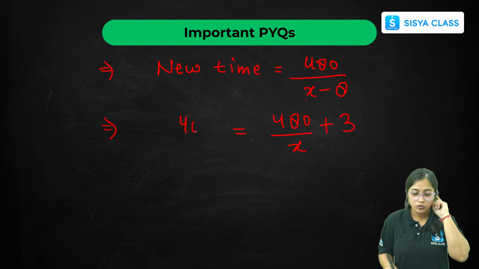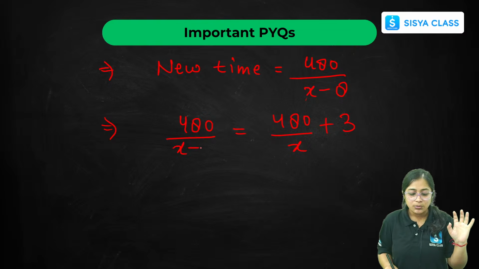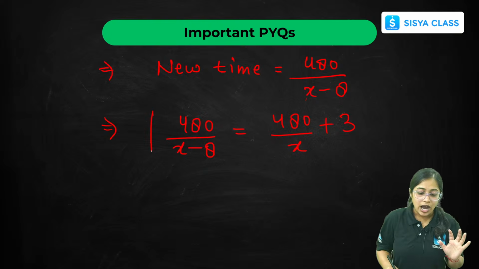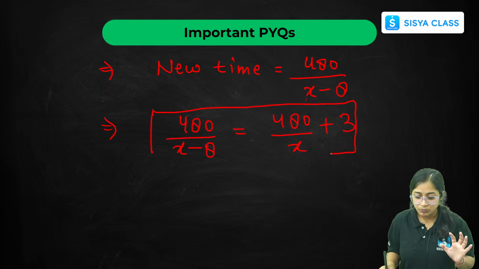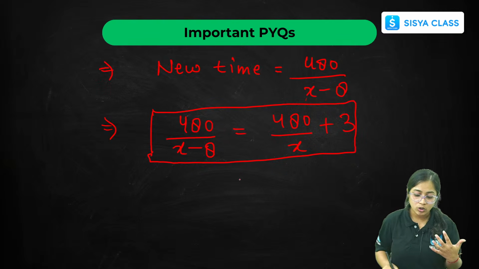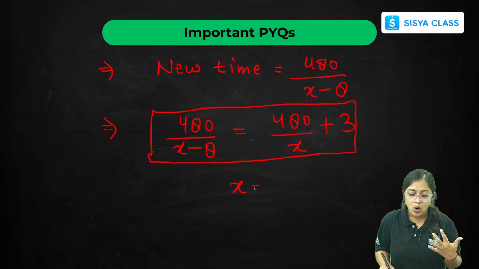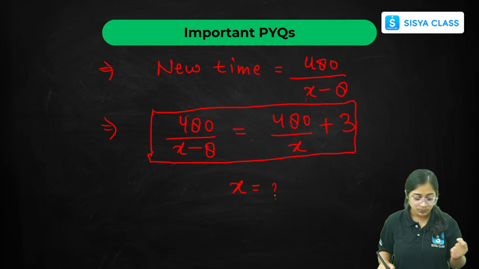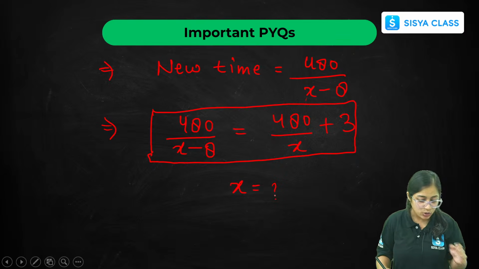So you will get this equals 480 upon x minus 8, right? Now you got this equation, right? So if you solve this, you will get your original speed, that is the value of x. Okay, understood everyone this question?